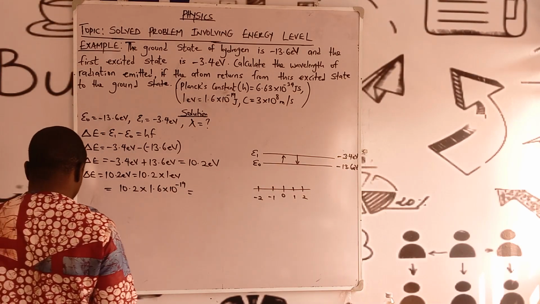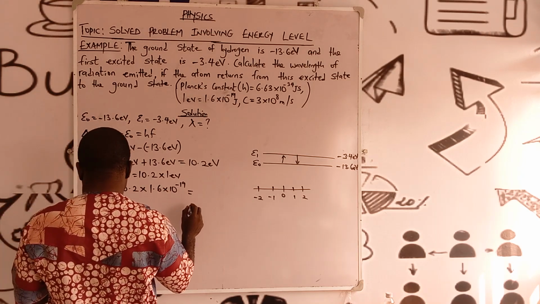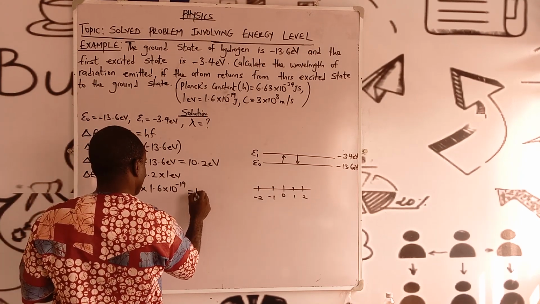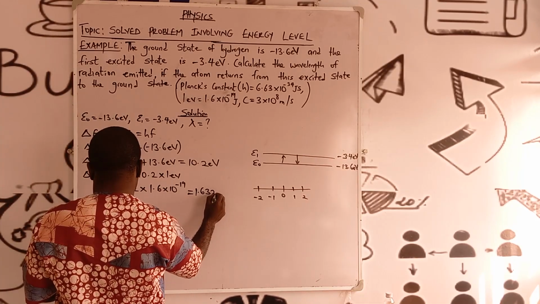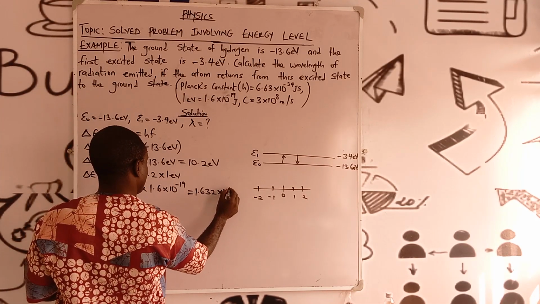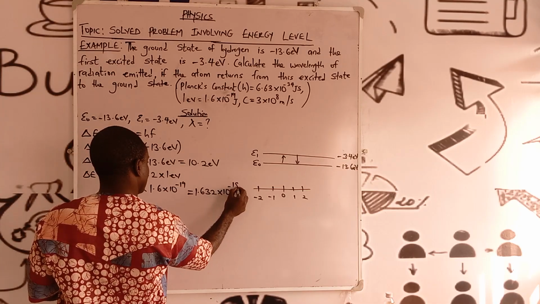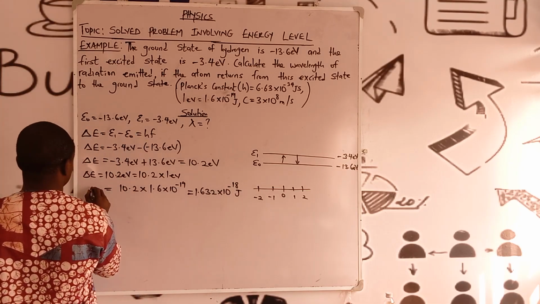When you do your multiplication, you have 1.632 times 10 to the power minus 18 joules. That will be converted to joules.